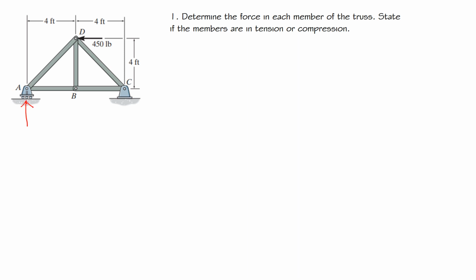So let's label that as AV, vertical reaction at point A. And then for the hinge support, there are two reactions acting on it, horizontal and vertical reaction. So for the vertical reaction, let's label that as CV. And then for the horizontal reaction, let's label that as CH.